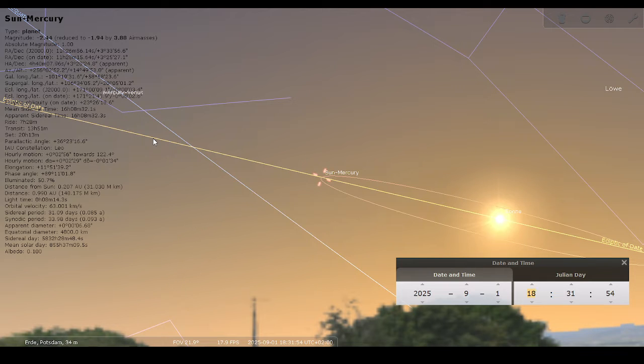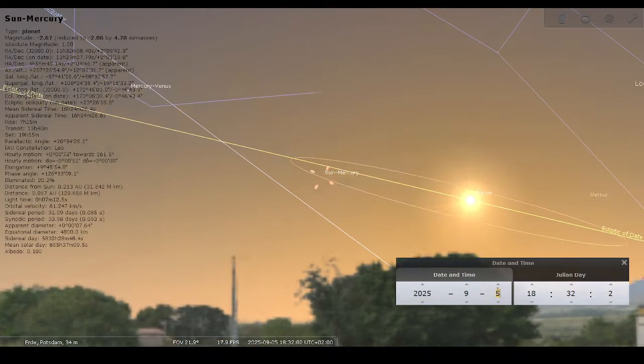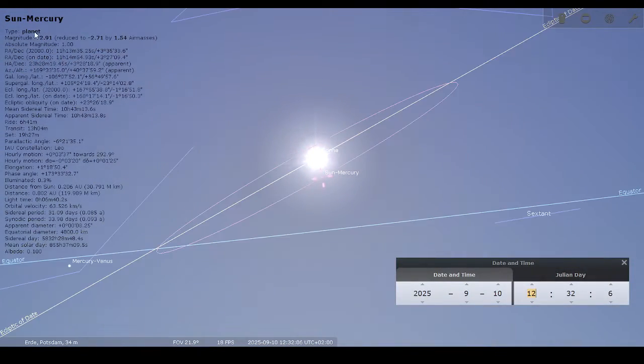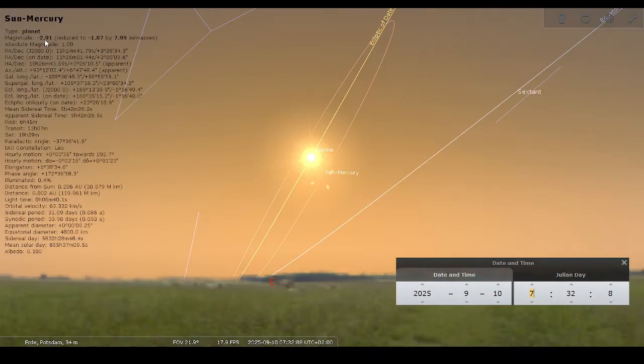If you project this path of the Sun onto the night sky, that is the ecliptic, and now it's a very bad time to observe this planet, Sun-Mercury. But it's rather bright. Negative 2.9 is rather bright. It's about the maximum magnitude that Jupiter and Mars can get.